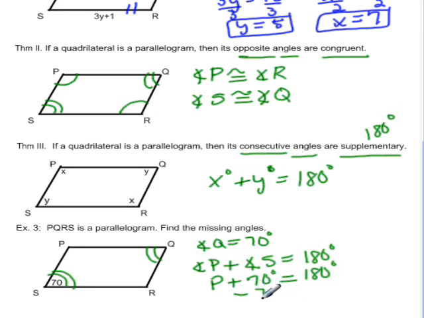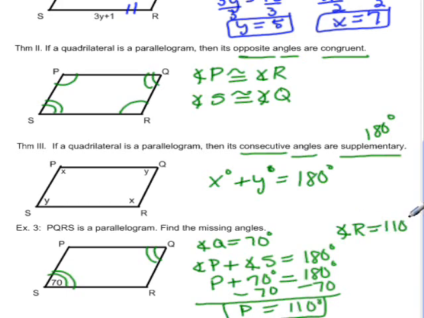If we subtract 70 from both sides, then we get P is equal to 110 degrees. And if P is 110 degrees, then we know that angle R is also 110 degrees.